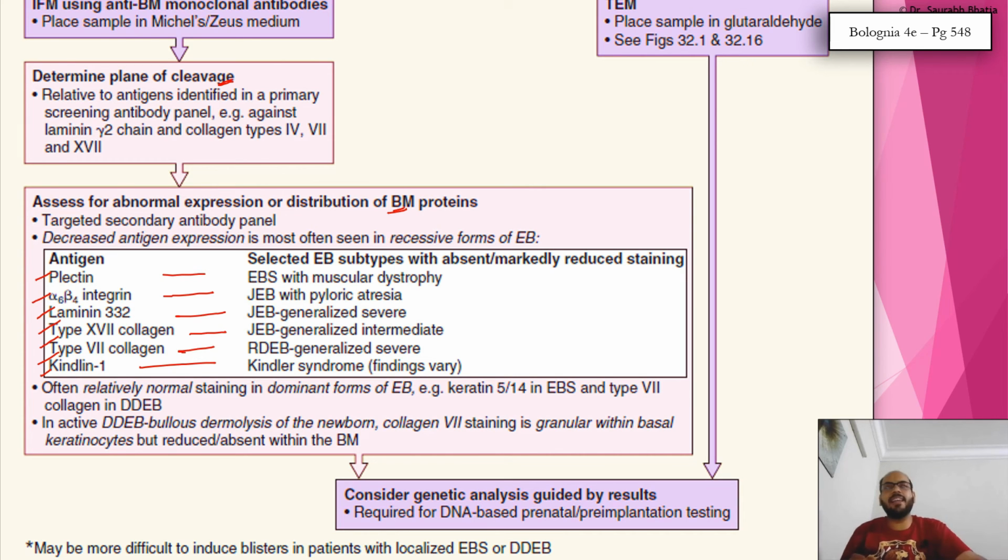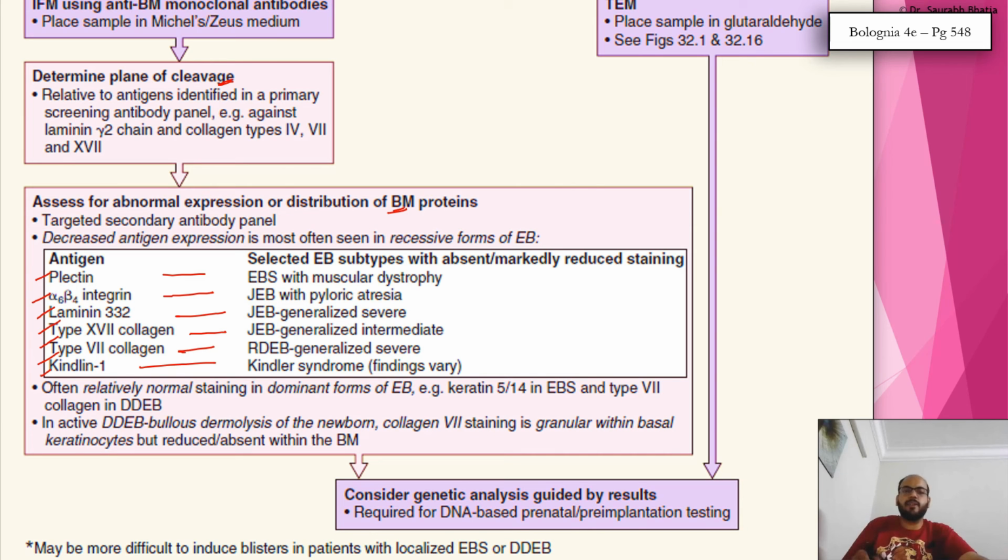So this is more like a developed country approach to EB, while in a developing country like India, in reality, we have to keep clinical examination foremost before we go for this kind of hi-fi investigation. But for the sake of exams, we must know this so that we can write them down.